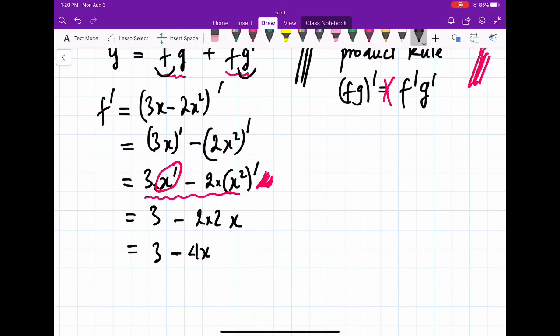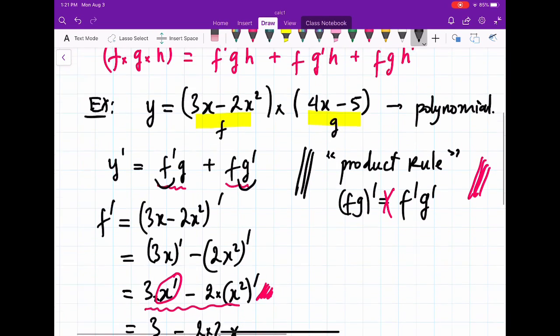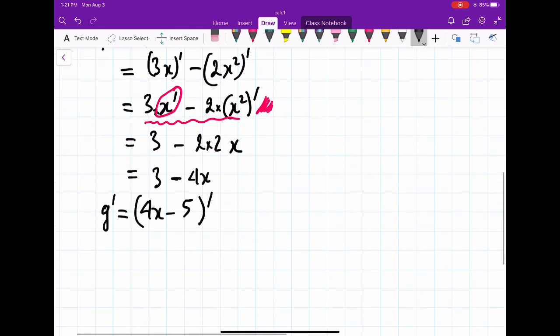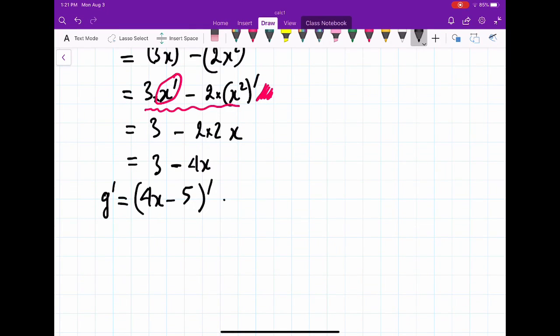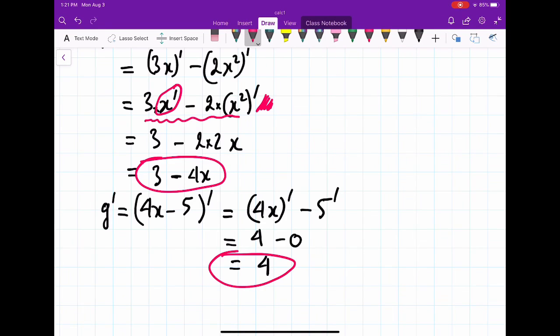And then you can find the derivative of g. g is 4x minus 5. We know the derivative of 5 is 0, so you have the derivative of 4x minus 5, which is 4 minus 0, and that is 4. So you have both f derivative and g derivative.